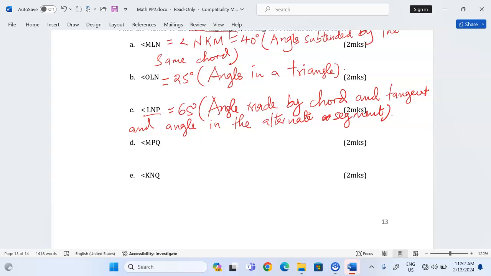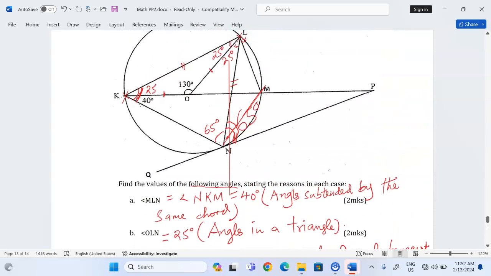We have another angle, MPQ, the angle at this point. Now that we are having 40 and 65 twice, then the value of this angle, we can use angles in a triangle and we consider KPN such that we have 40, 65 and 65, which is 130. Then we get the remaining angle.